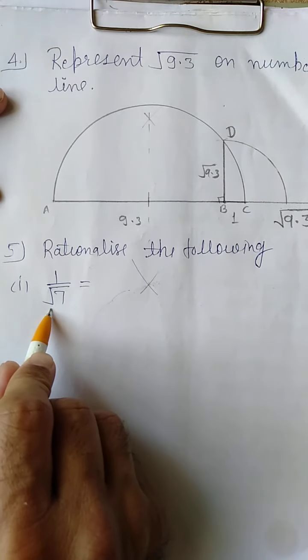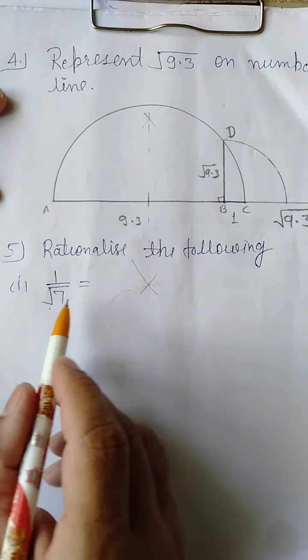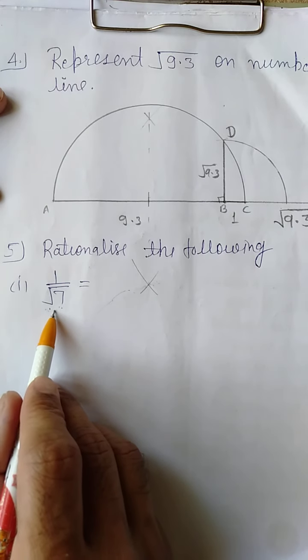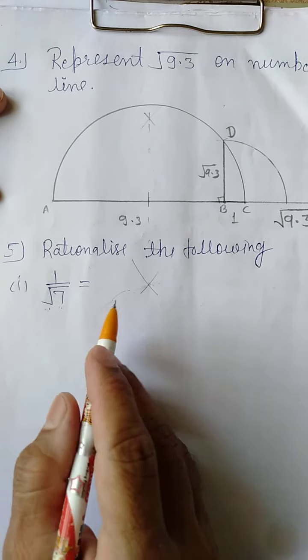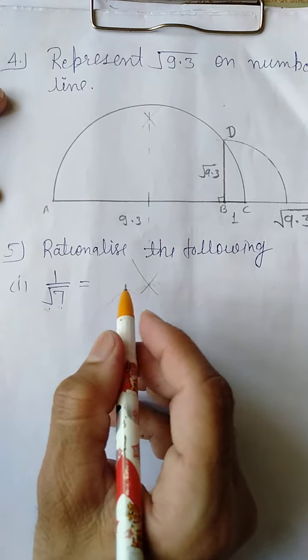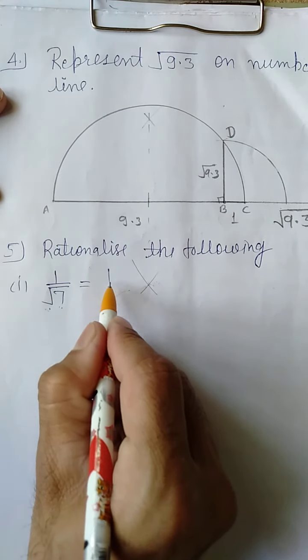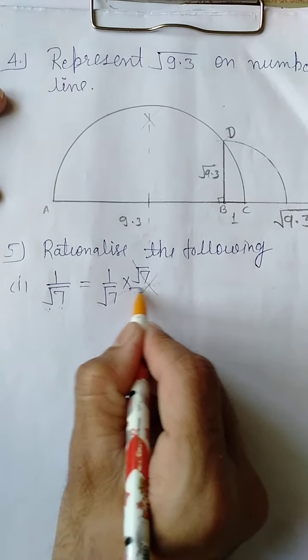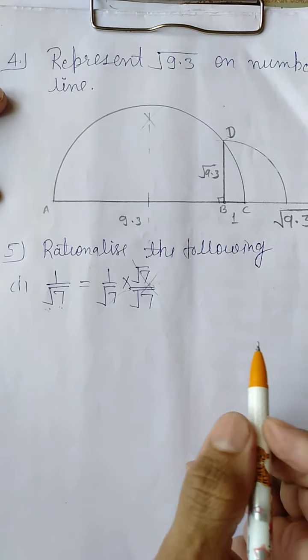Whenever such a type of problem is given, what we will do, what is the denominator? If it is a single term, we will multiply by the same number in numerator and denominator both, right? So what to do here? 1 upon root 7, multiply by root 7 in numerator and root 7 in denominator also.